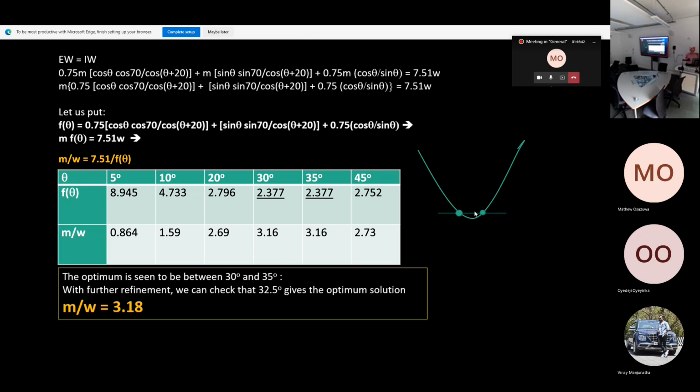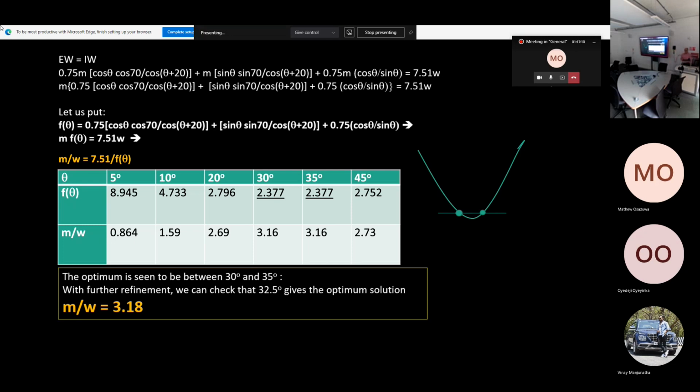It's exactly in the middle between these two values. And therefore, when you substitute theta by 32.5 degrees, you get M over W 3.18. So the optimum value of M over W is 3.18. And this is using a graphical solution with the table and the help of a graph.